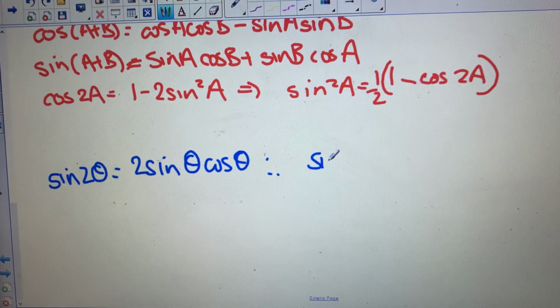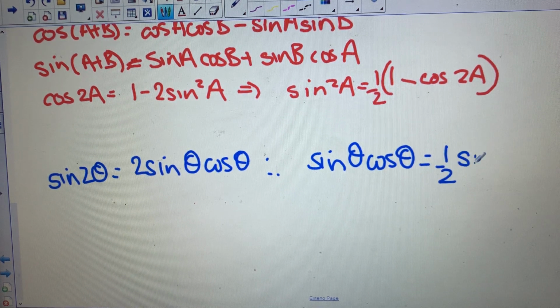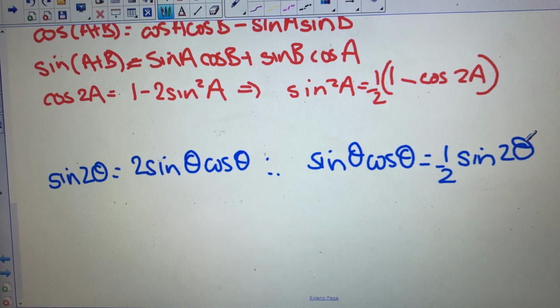Therefore, sine theta cos theta is a half sine 2 theta. So that's important. Okay. What I'm now going to do is go back to my expansion.